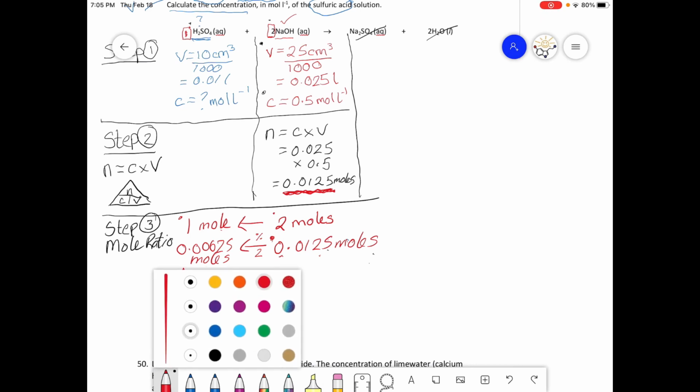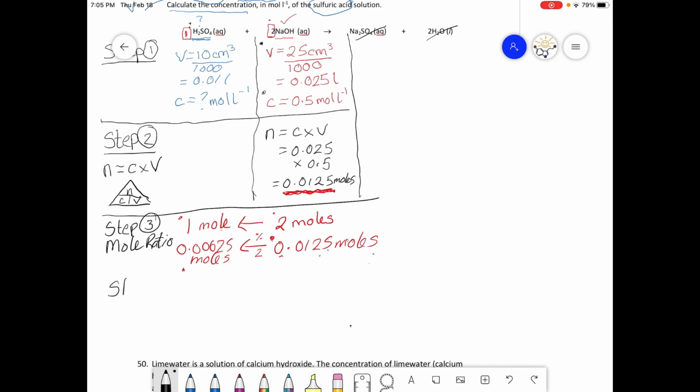Final step. The final step is to work out the concentration of the sulfuric acid. Concentration is n over v. If we look back to our little triangle in step 2, we can see that concentration is n over v. Let's look down this column. We've got a number of moles from the last step.